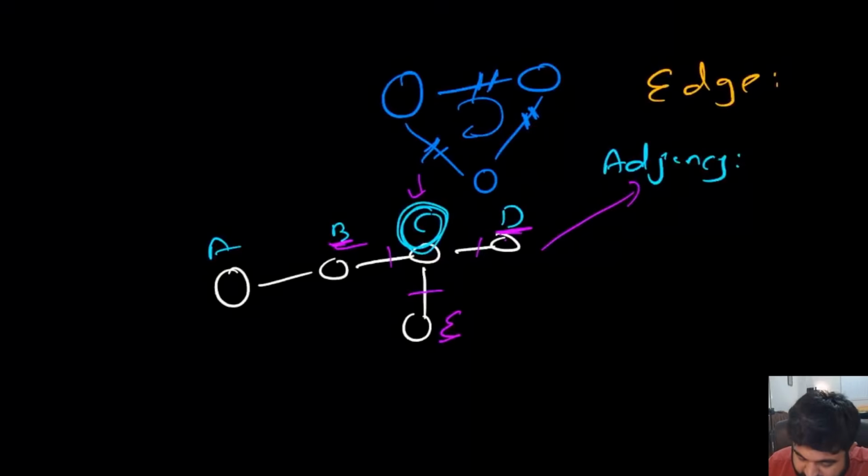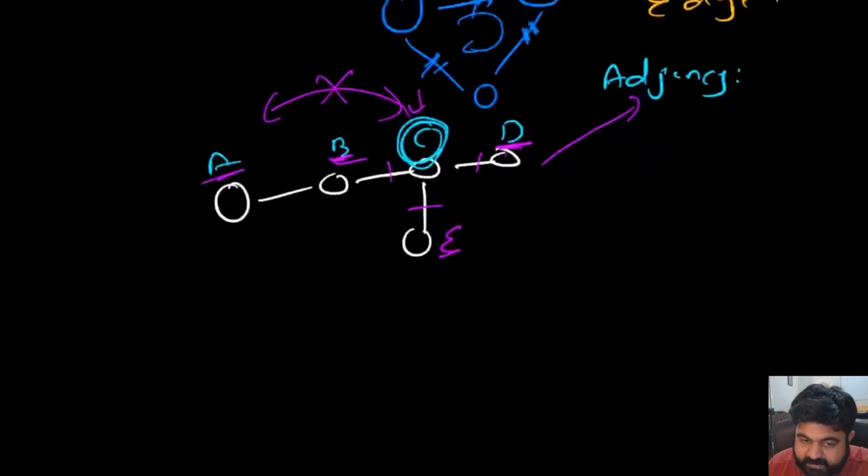But if this node is not actually connected with it by an edge, then in this case, node C and A are not adjacent nodes to each other. So this is what we mean by adjacent nodes.